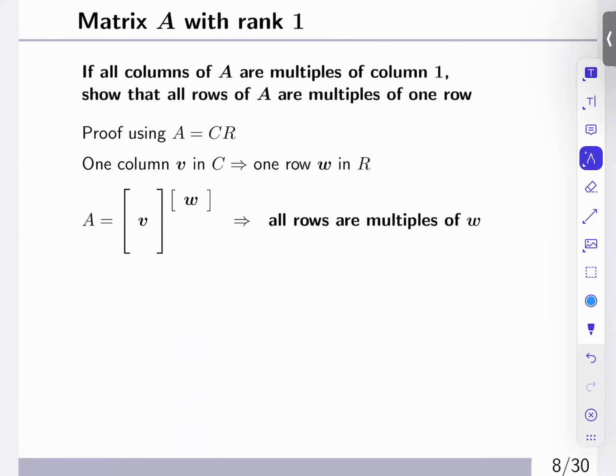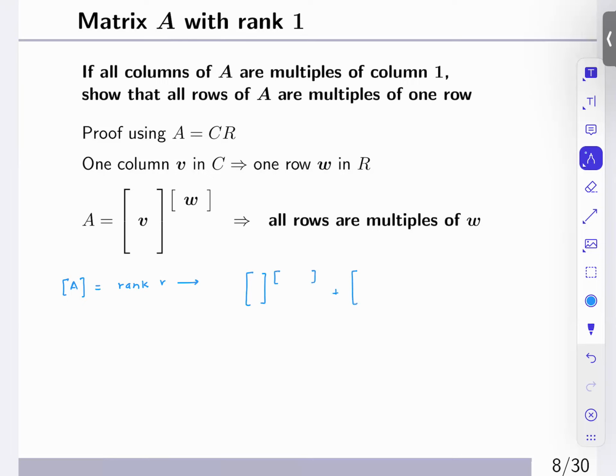Now, one thing I want to tell you, and this is actually super duper important, is if you think about the matrix A, say it has rank R. This can be considered as the summation of rank 1 matrices, and there are a total of R such matrices.